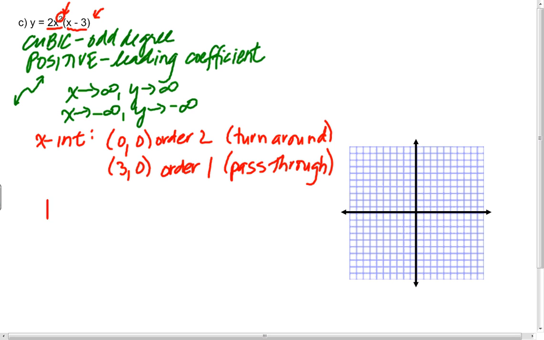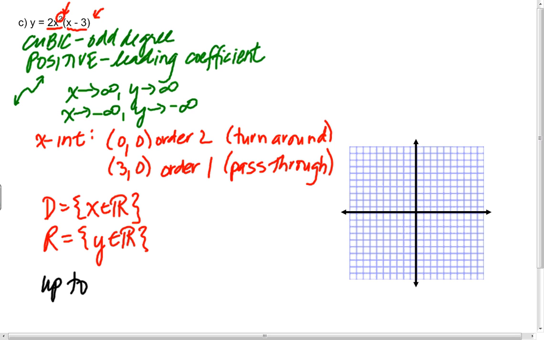We know the domain and range. For a cubic, goes forever left and right, and the range goes forever up and down. It can have up to 2 turning points. Because it's a cubic, it's always one less.